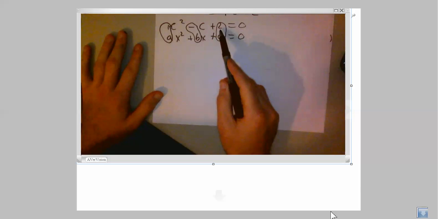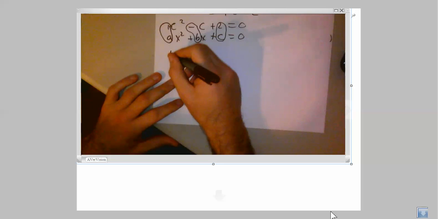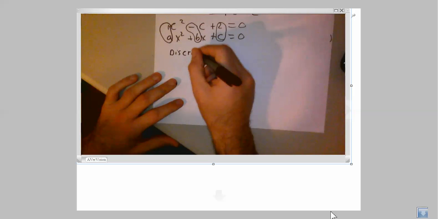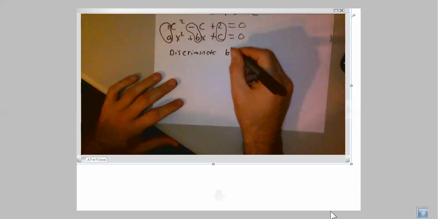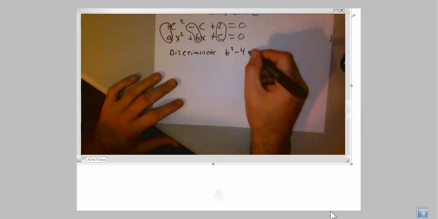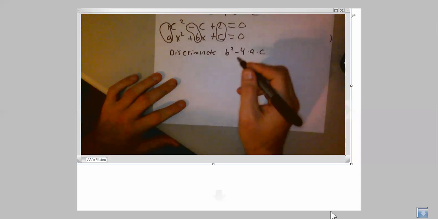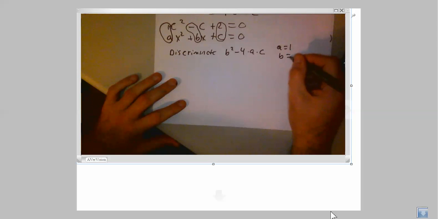Okay? Now the discriminant is going to be b squared minus 4 times a times c. Now a is equal to 1, b is equal to -1, and c is equal to 2.